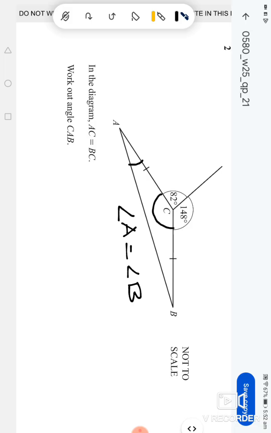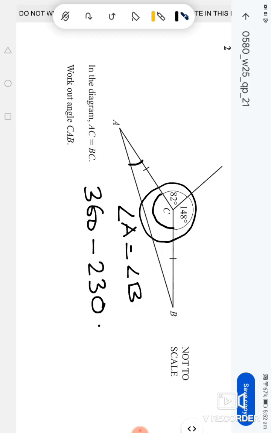We know this complete angle is 360. So 360 minus 142 plus 82. 8 plus 2 is 10, 0; 8 plus 4 is 12 plus 1 is 13, so 230. So 130.